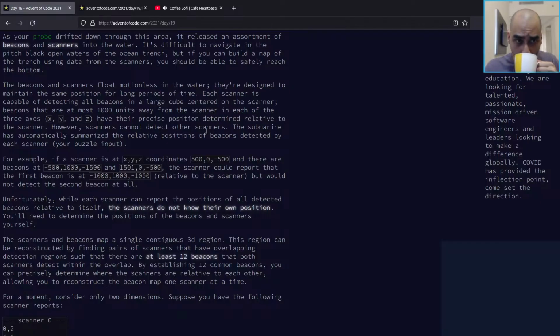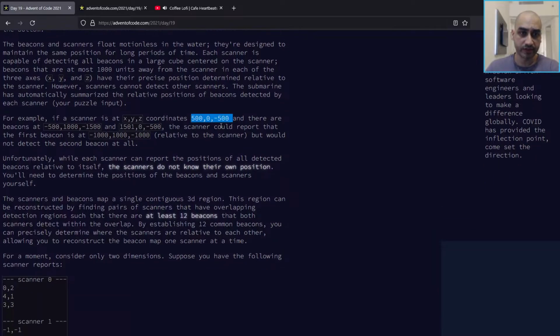Okay. So if the scanner is at those coordinates and there are beacons there and there, then the scanner could report that the first beacon is at that position relative to the scanner, but would not detect the second beacon at all. Alright.